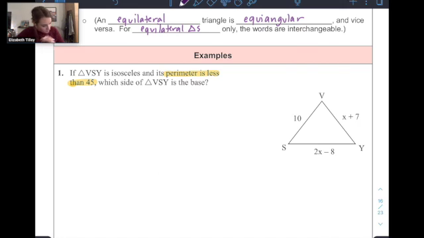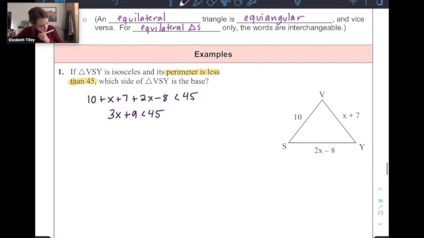So that means adding up our sides here, 10 plus x plus 7 plus 2x minus 8 has to be less than 45. So that's kind of interesting. Let's clean this up and see what we can figure out. Let's see here. 10 plus 7 is 17, minus 8 is 9. So that gives me 3x plus 9 is less than 45. Now, let's solve this for x. Let's see what x has to be less than.